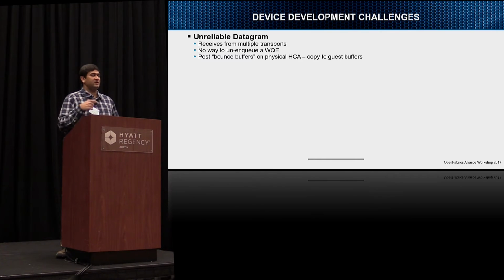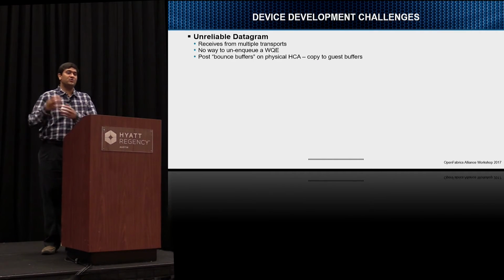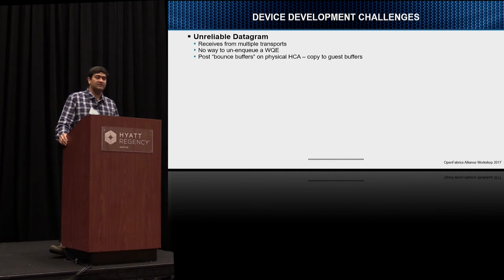In the other case, if a work request completed in the TCP emulation code, there's no way to tell the HCA that the work request is completed, so remove it from the queue. There's really no way to unqueue a work request posted to the physical HCA. It would be nice to have an API like that, but unfortunately we are not there today.